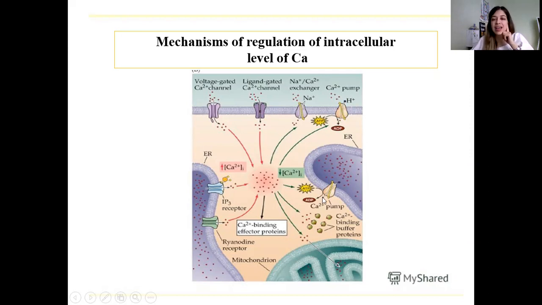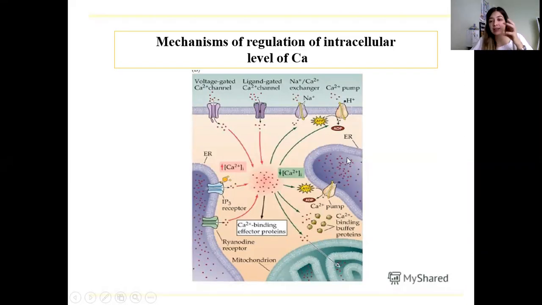And also inside the cell, we have the very important endoplasmic reticulum, the storage of the calcium ions. You see these red dots, they are also calcium ions. The endoplasmic reticulum is the site of deposition of this calcium. And we also have a very important calcium pump, which is also ATP dependent.